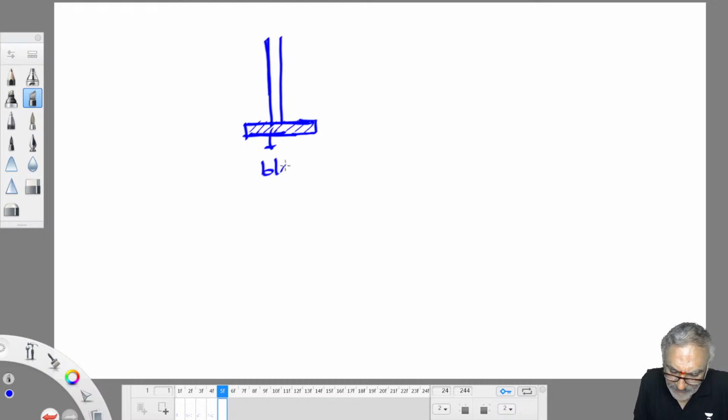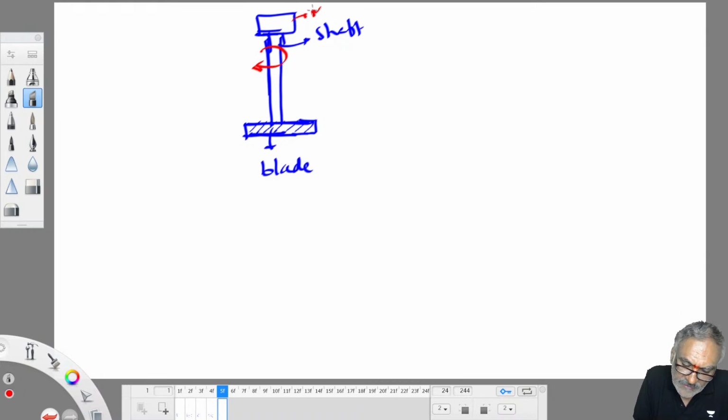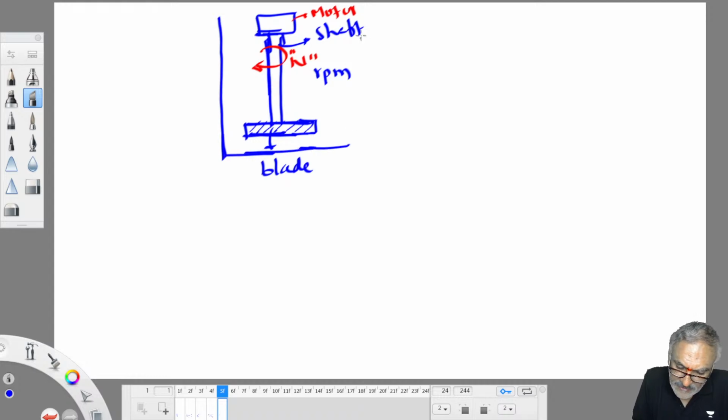This is a blade of a shaft, and this shaft is driven by a motor. If you know the RPM at which it rotates, then what does it produce inside the tank? Inside the tank water is there, and this will be rotating inside the tank.